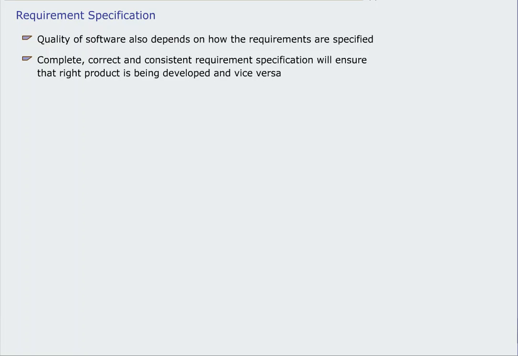Dear students, let us study now some basic software requirement specification principles. Requirements, no matter how specified, are viewed as a representation process. Well-represented requirements will lead to successful implementation of software.